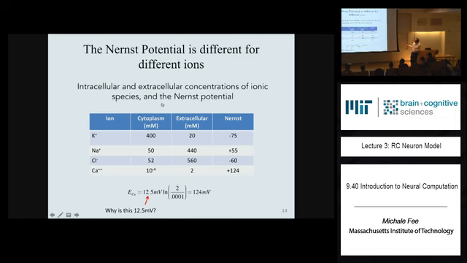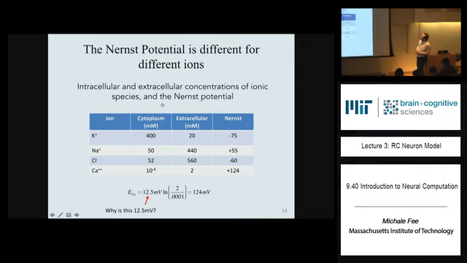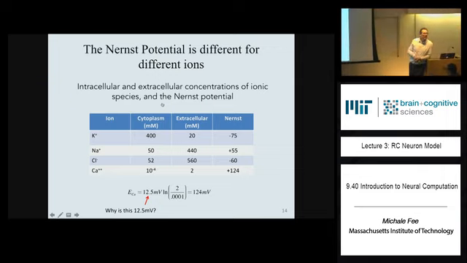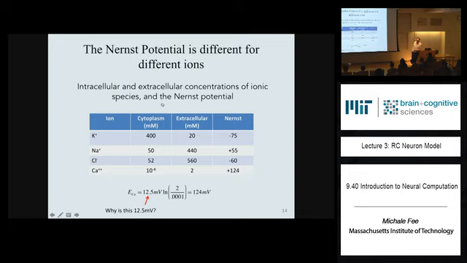And so the equilibrium potential for calcium is very positive. Okay? All right, great. Any questions about that? So these are the most important ions that we have to think about in terms of ionic conductances across the membrane. All right, any questions? Okay, good.